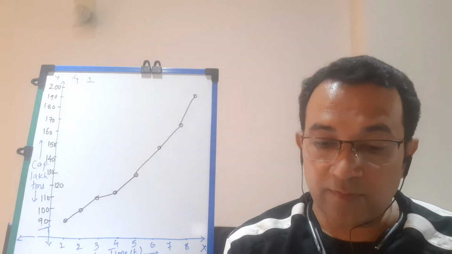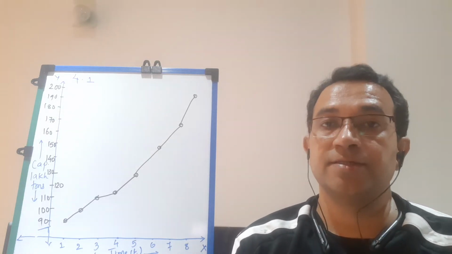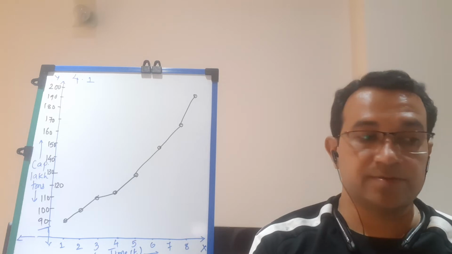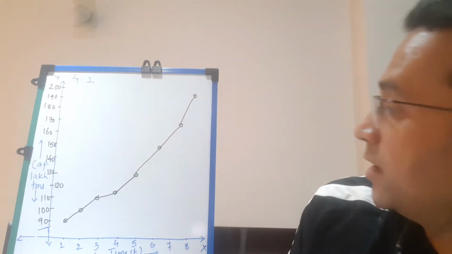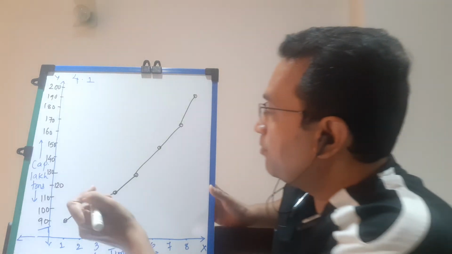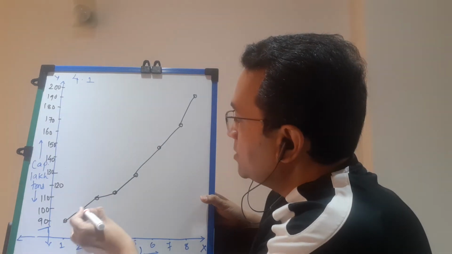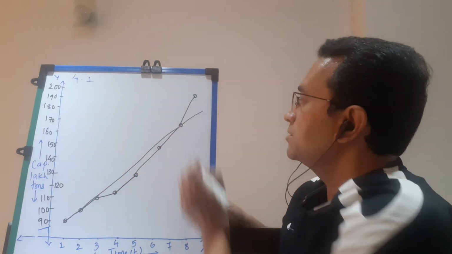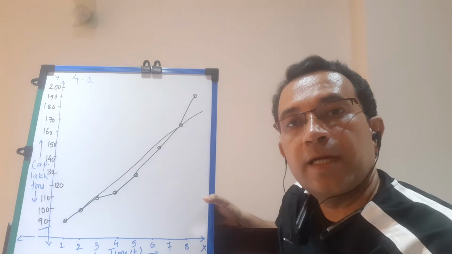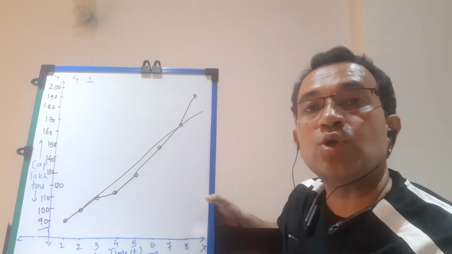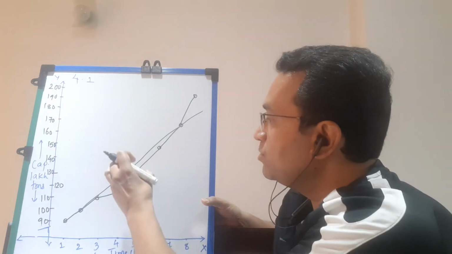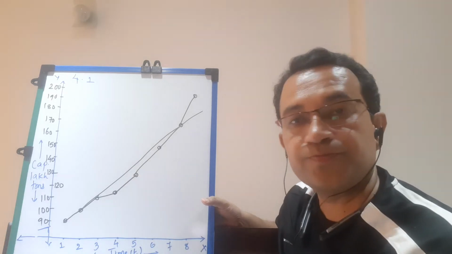Now students, we have to fit a linear trend to this time series. We can take a line passing through any 2 points like this. At least the line should pass through 2 points, and the line should be actually nearby the curve.